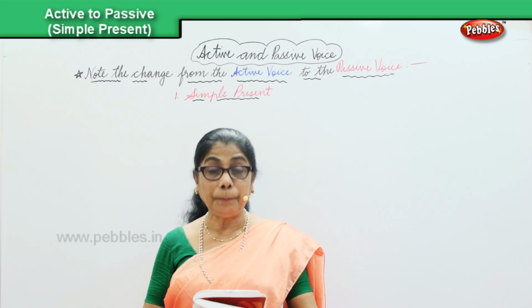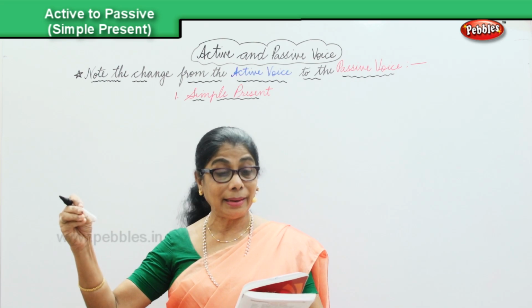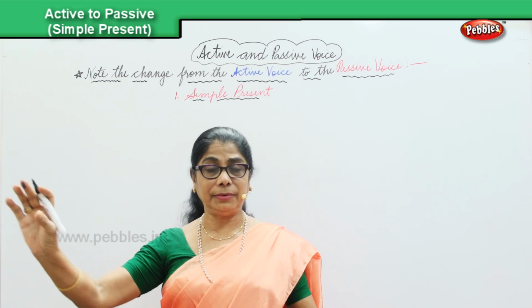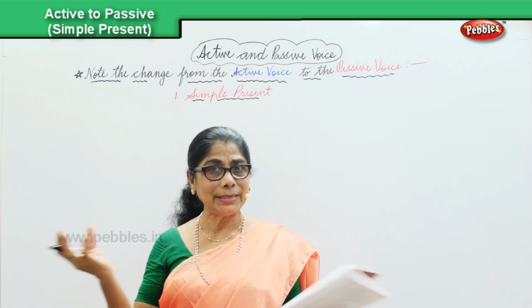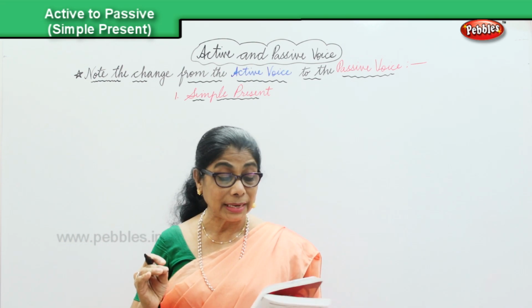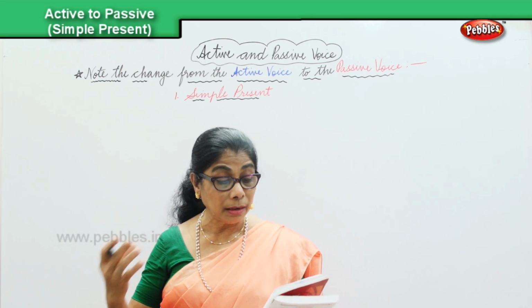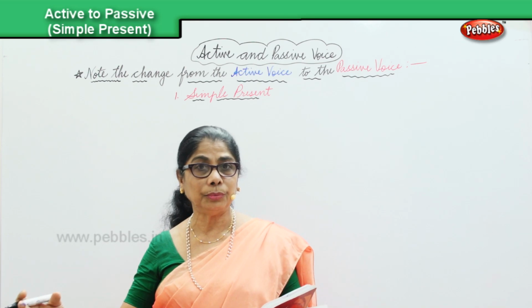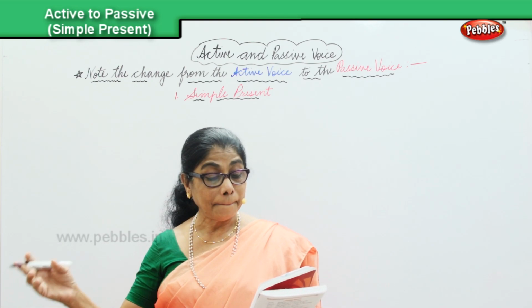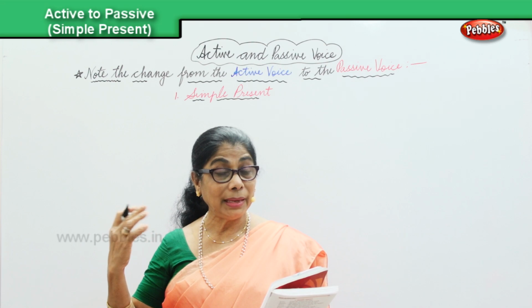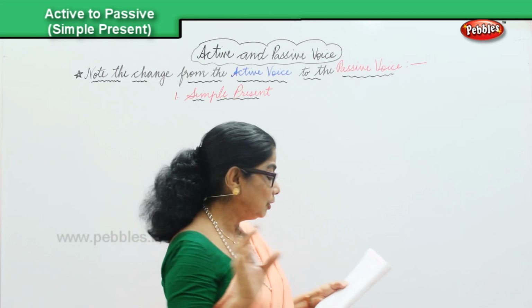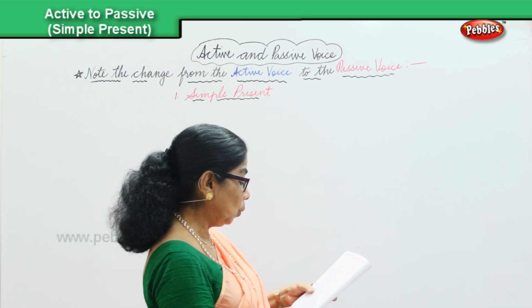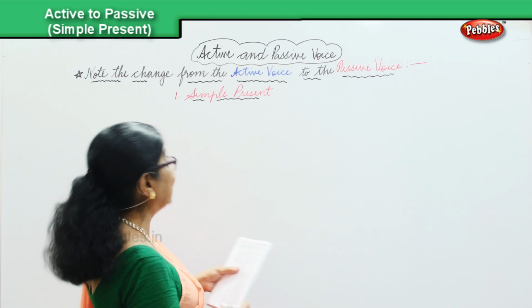Another sentence. The peon rings the bell. Active. Rings, so it is active. Passive voice says, the bell is rung by the peon. Action done. So, let's look at some of the sentences here.